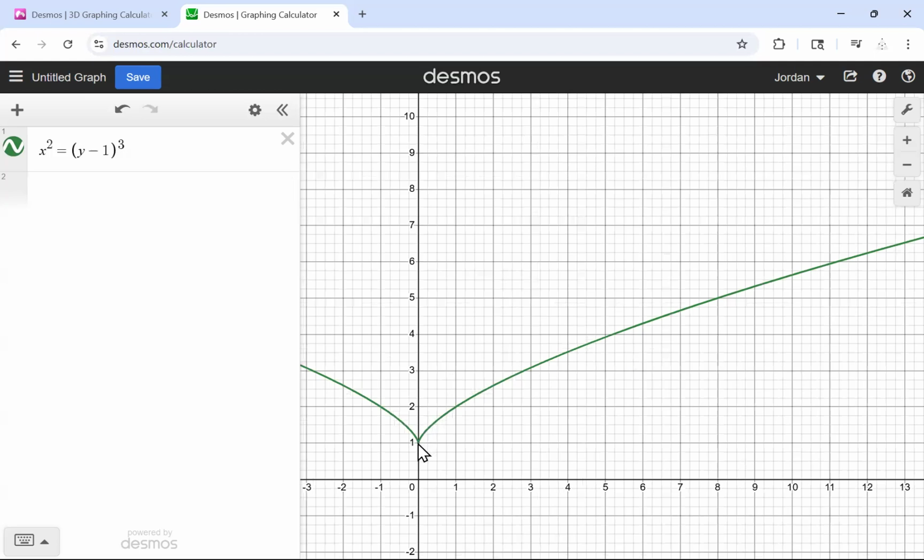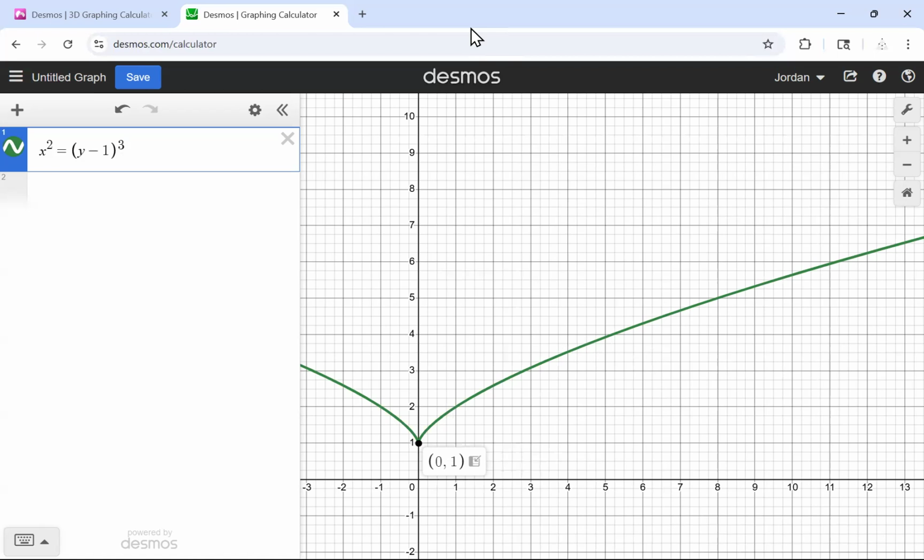But it has a sharp point at 0, 1. And then obviously we saw it goes out to 8.5. So we're saying that section of the curve from 0, 1 to 8.5 has length, which is about 9.07, if you walk along it.